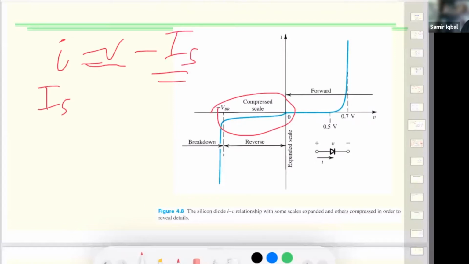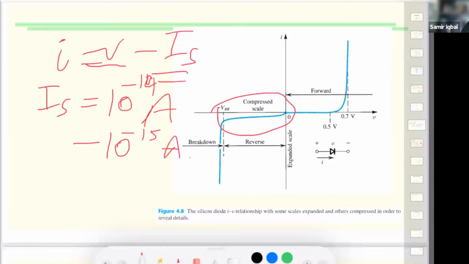IS is on the order of 10 to the power minus 14 amps to 10 to the power minus 15 amps. Ideally it should be open circuit, but this current is because of leakages and all that. And this is what we call breakdown, or knee current as well. We write it as VZK also, Zener, K is knee, the knee of the IV plot. So there are different ways we look at this.